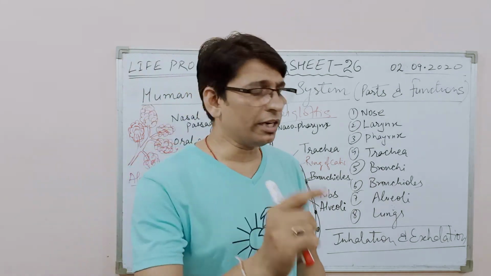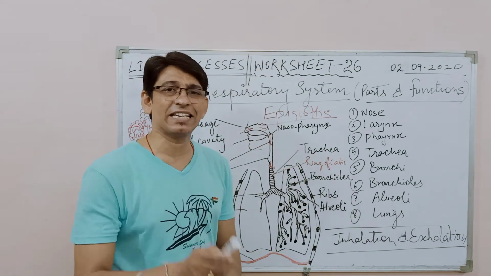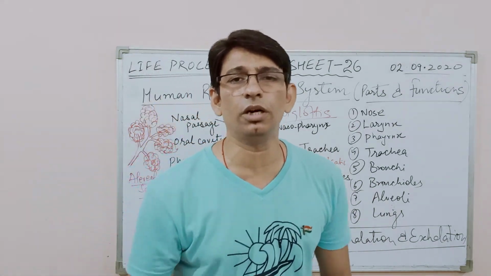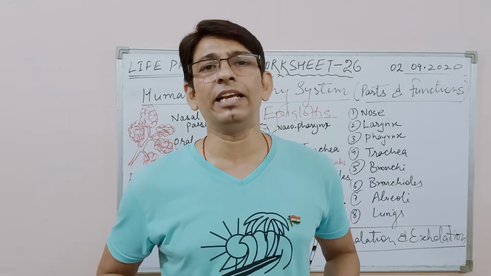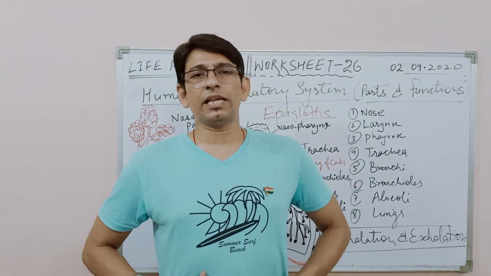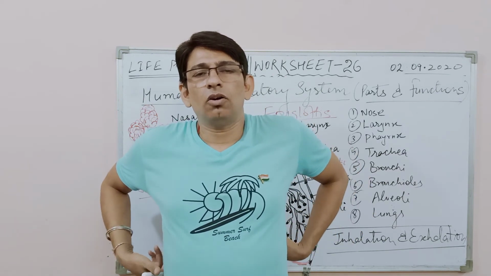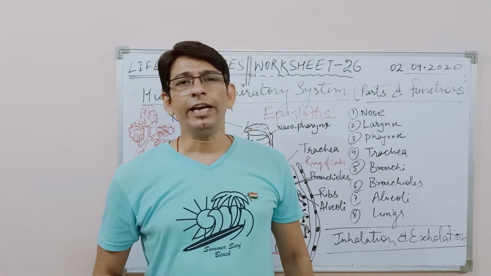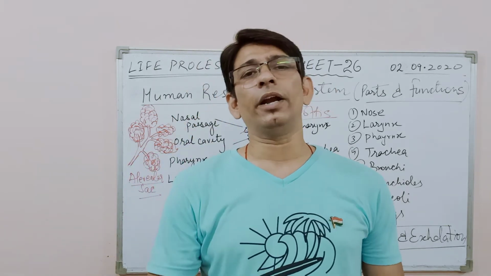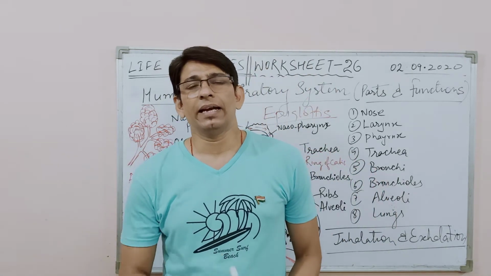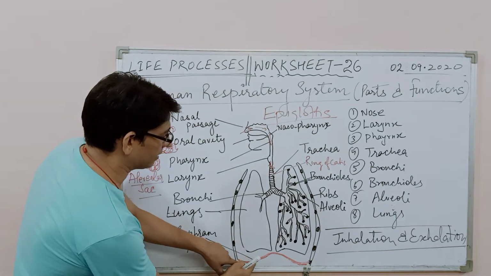There is an important role of the diaphragm. What is the diaphragm? Actually, it is a membranous structure which divides the thoracic cavity and the abdominal cavity. There is a layer called the diaphragm. It also plays an important role during exhalation and inhalation. You can see here is the diaphragm.